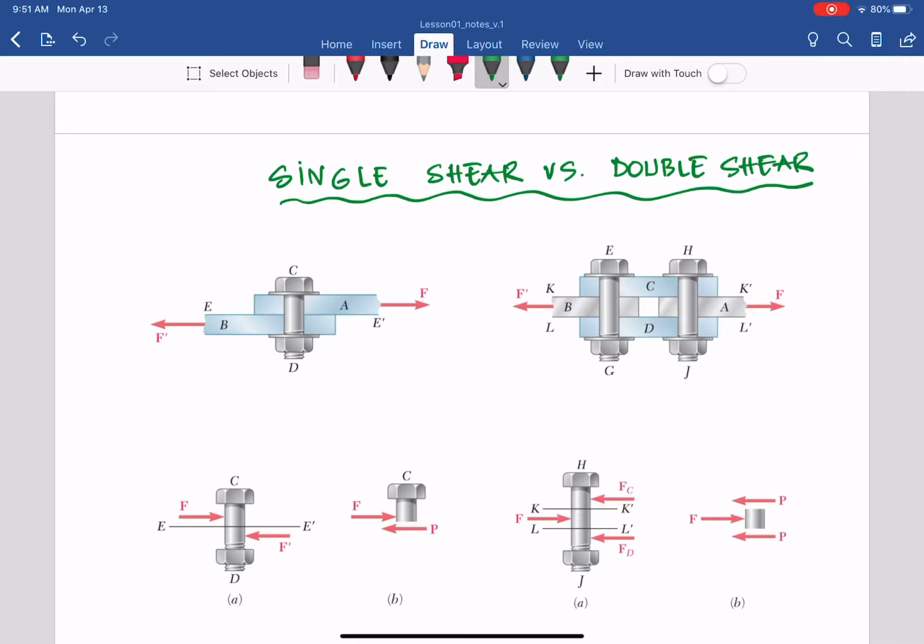As you can see, on the left is basically a single shear. We have two loads applied onto members A and B, F and F apostrophe, and that will create a shear on the bolt CD, and that we call a single shear.